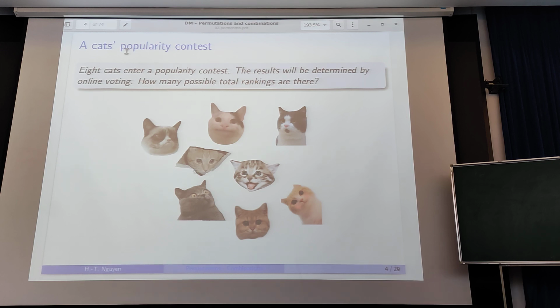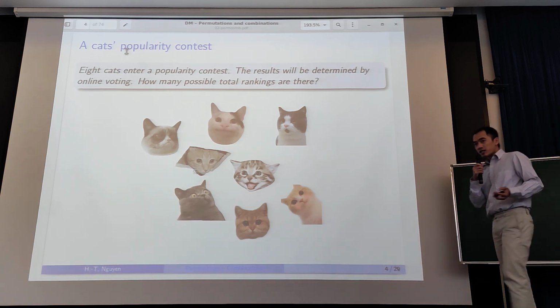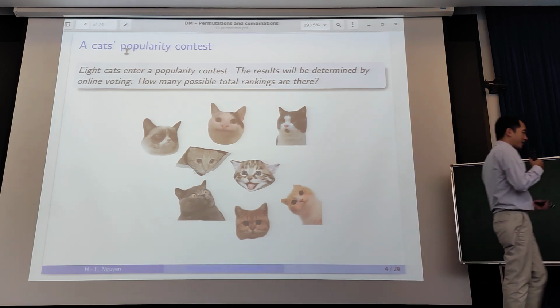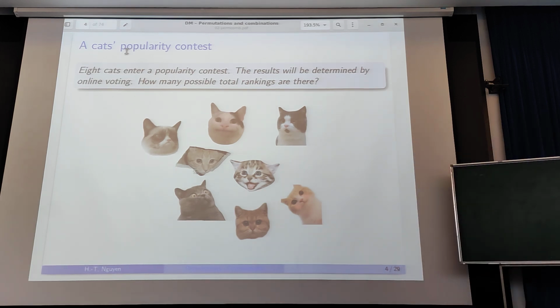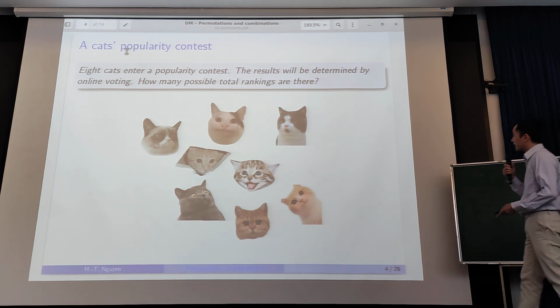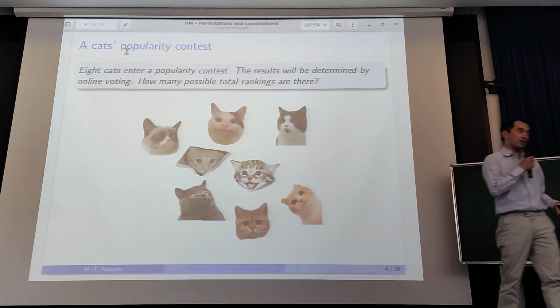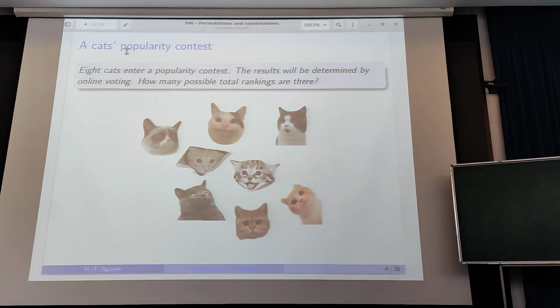So the question is that if the results are decided by online voting, that means that it's sort of random, then how many possible results can we have? So now a result, we consider a result is a total ranking.